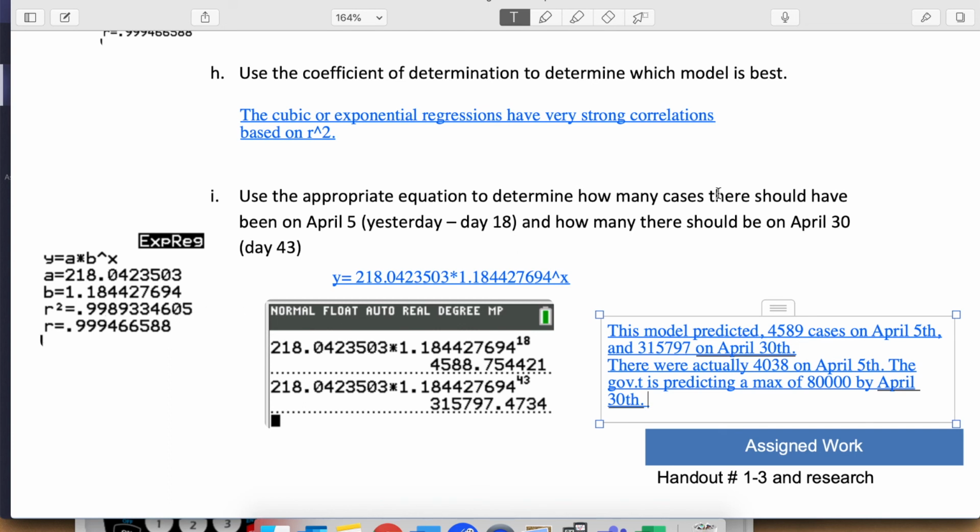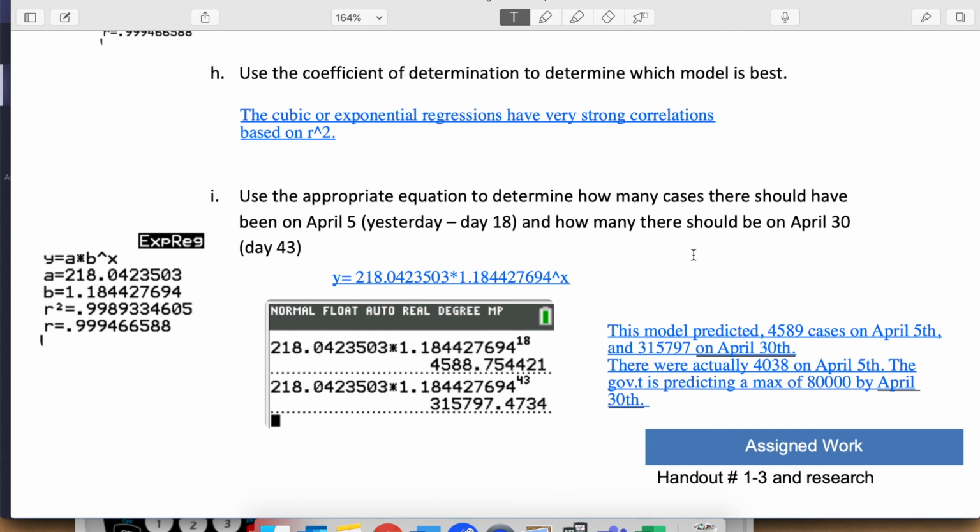And so what I'd like you to do is two things. I want you to do something similar to what I just did. I want you to pick any 14 days for any place. It could be in Canada, it could be Canada as a whole, it could be a different province, it could be a different country, but I want you to take 14 days of data and find the best model and get an equation like this, and then see if you can predict how many will be on April 30th, so that you'll be able to check your estimate for that location.